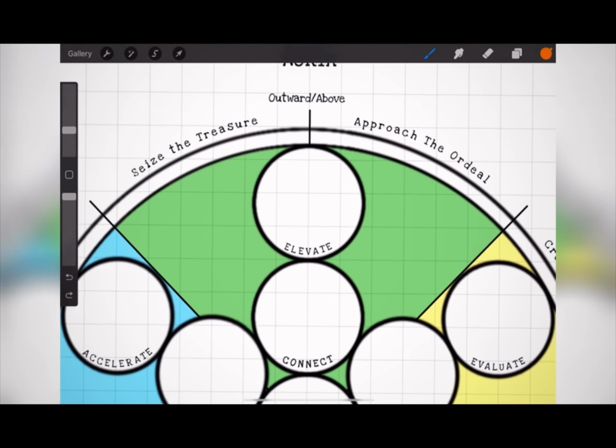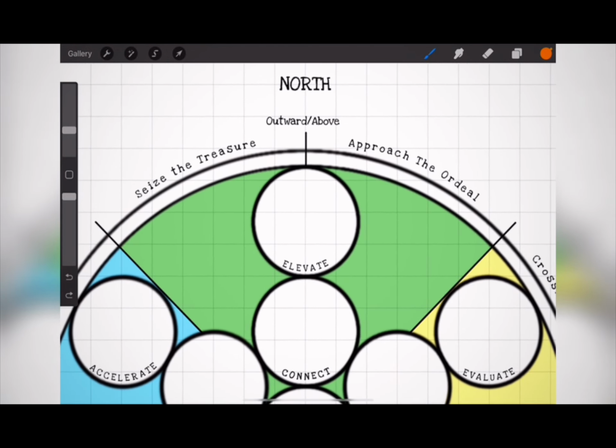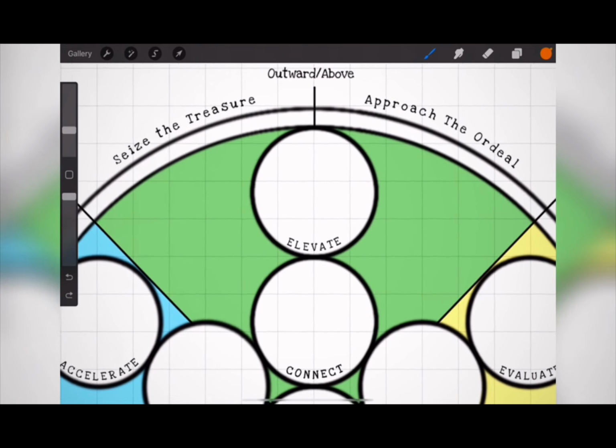And then here at the top, this is the northward direction, the outward. Now I'm out in the world and I'm connecting to something that I can appreciate, likely an archetype that would help me have discipline and inspiration to overcome the sugar craving that I have. And then I would be elevating.